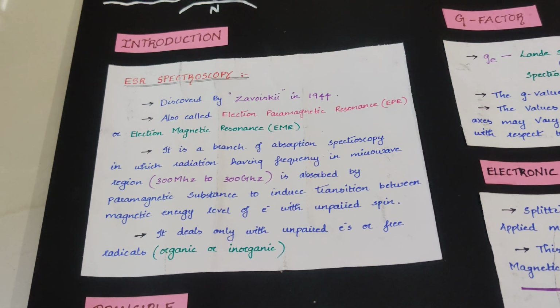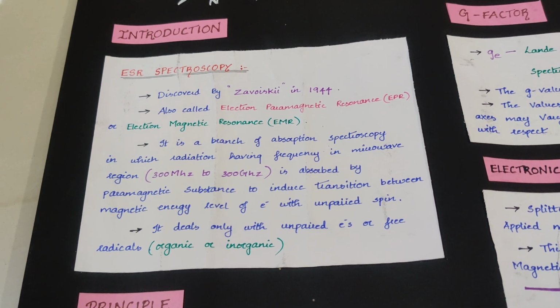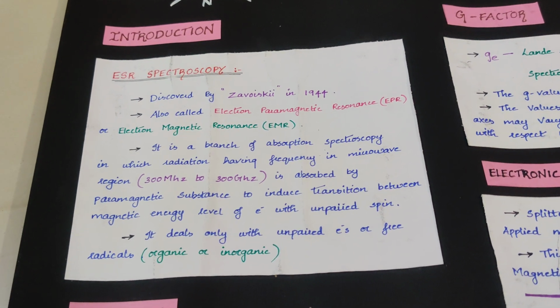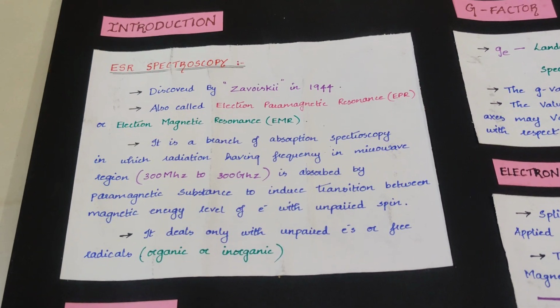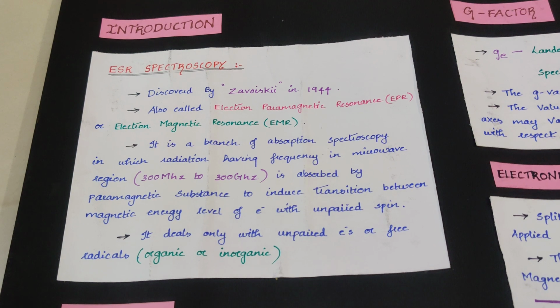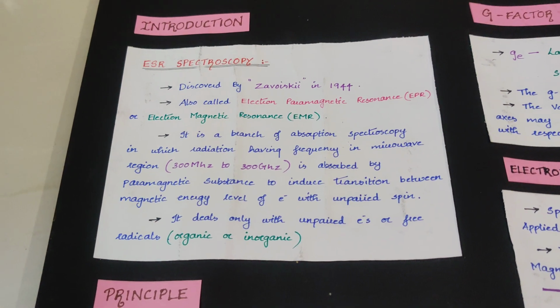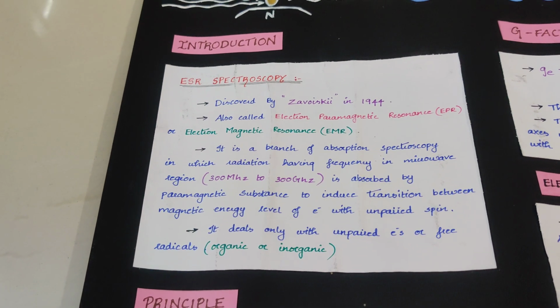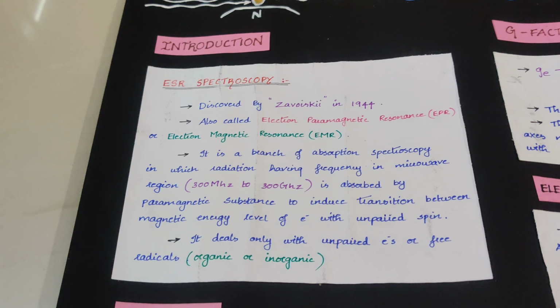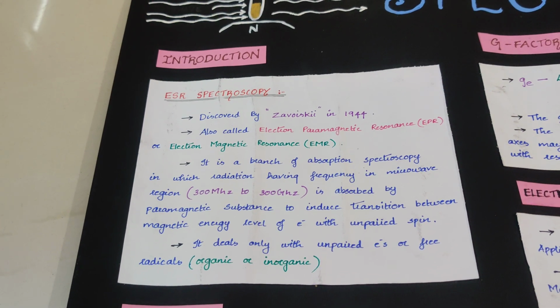These paramagnetic substances absorb in the microwave region to induce transition between the magnetic energy levels of electrons with unpaired spin. It deals only with unpaired electrons or free radicals, which can be organic as well as inorganic. The types of substances with unpaired electrons that are ESR active: atoms having an odd number of electrons are ESR active.